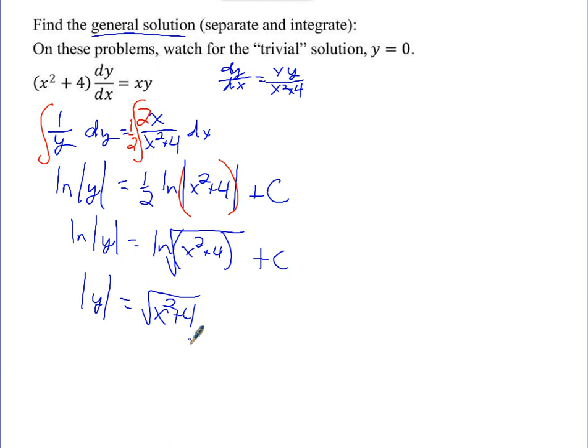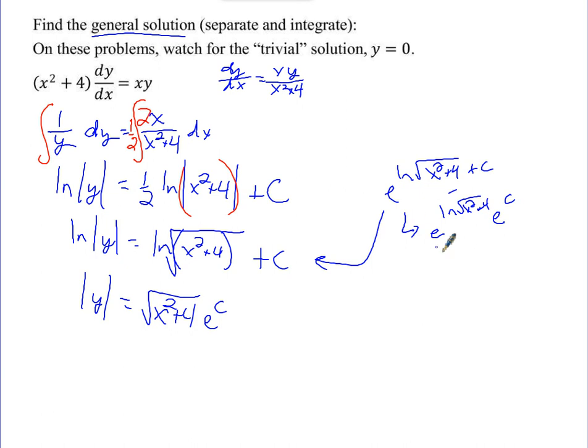Yeah, it's plus e to the c, or times e to the c. The reason for that is when you have e to the natural log of the square root of x squared plus 4 plus c, we're adding two exponents, which means what we really did was multiply like bases together. So that becomes e to the natural log square root x squared plus 4 times e to the c.